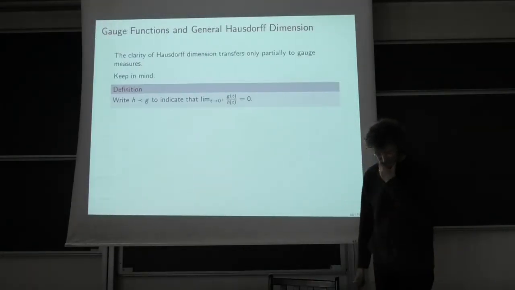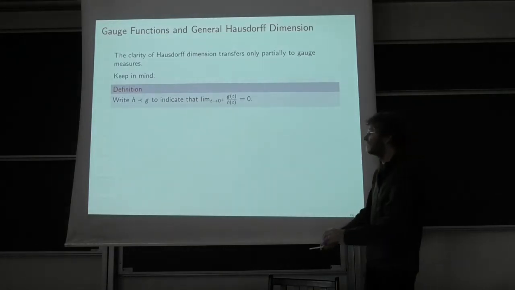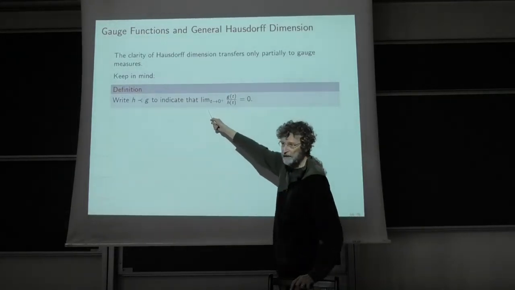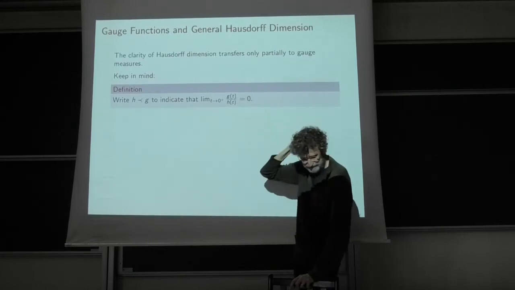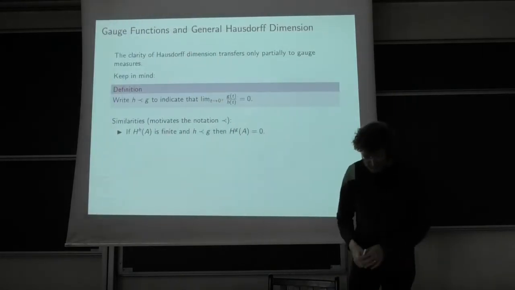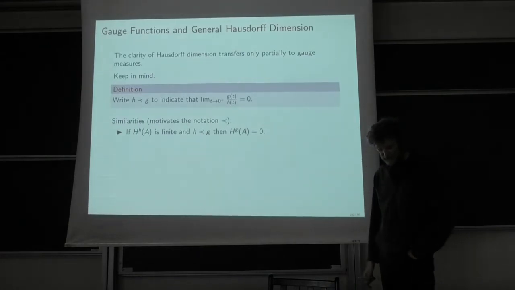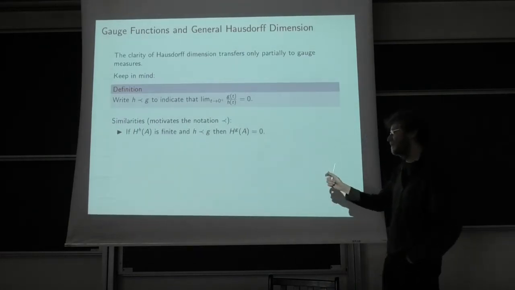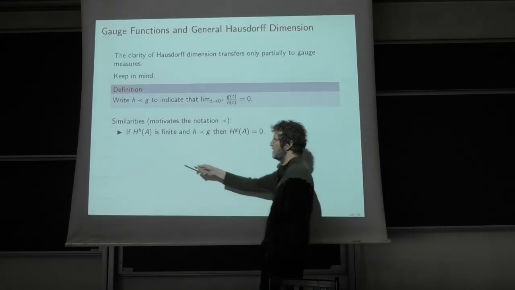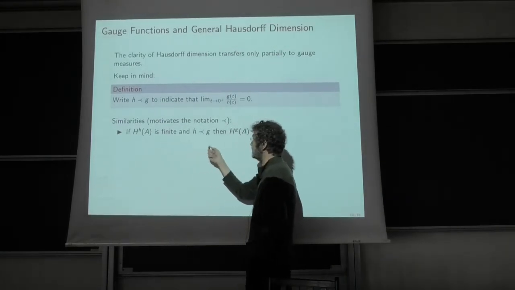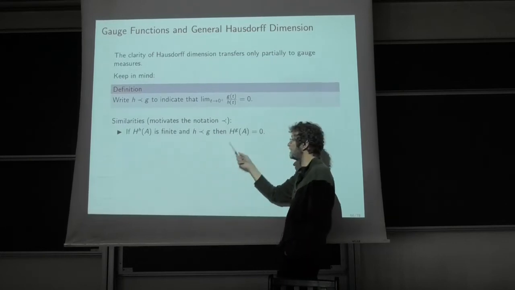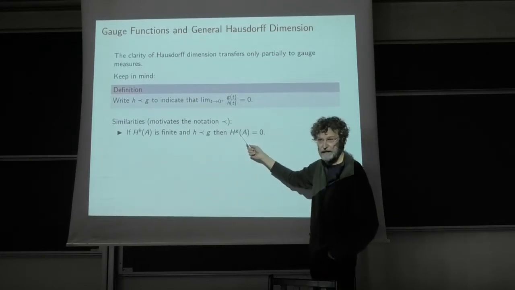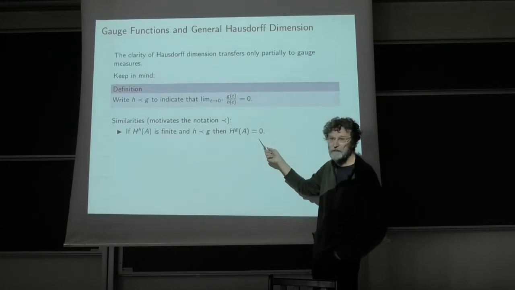So let's see. Remember, I'm putting this there because I always get messed up myself. So there again is the definition. And what have we got? What's similar? If the outer measure with respect to H is finite, and G goes to 0 faster than H does, then the outer measure of A relative to G is 0.